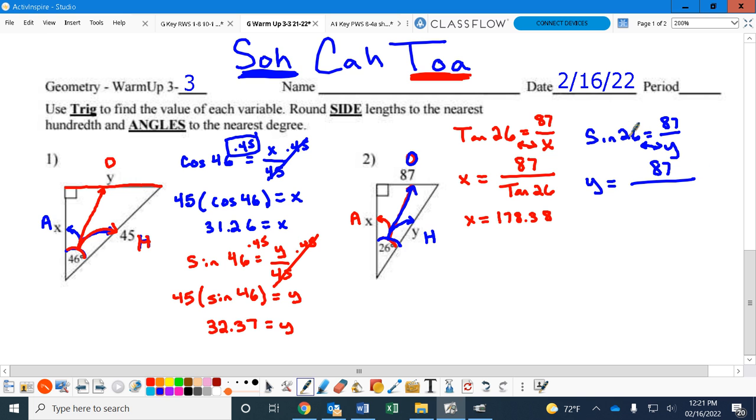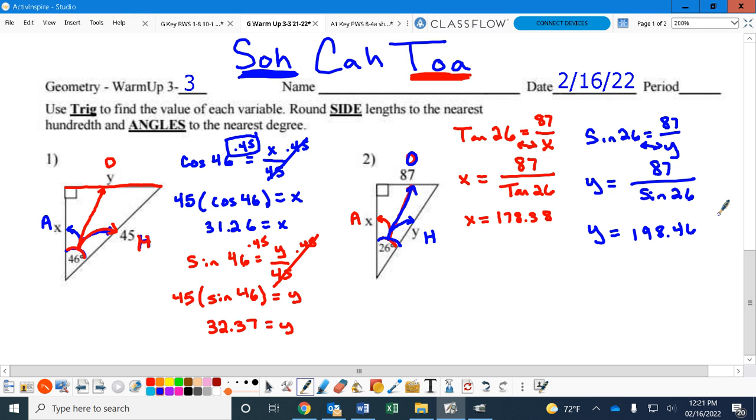On the bottom, you've now got this trig function of sine 26, which would make it y equals 198.46. Okay, let's make sure you typed it correctly. 87 divided by 26 sine equals. Everybody get to that 198.46?